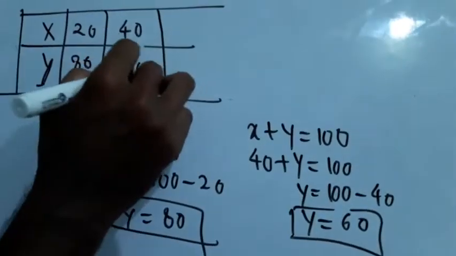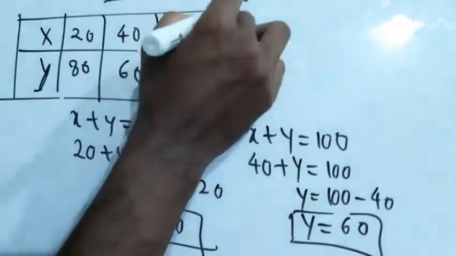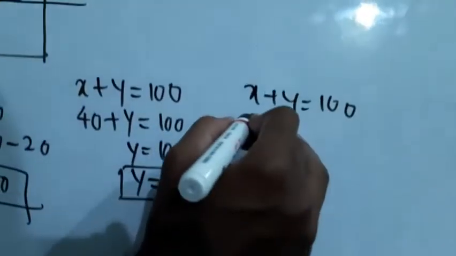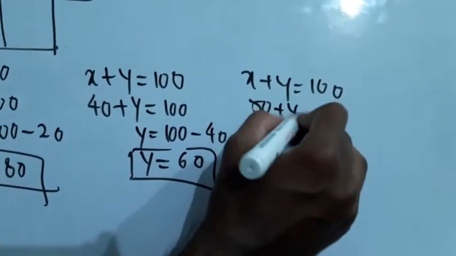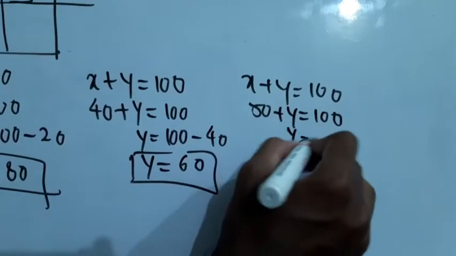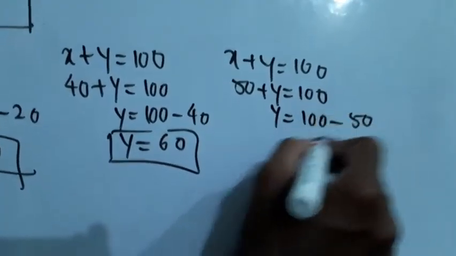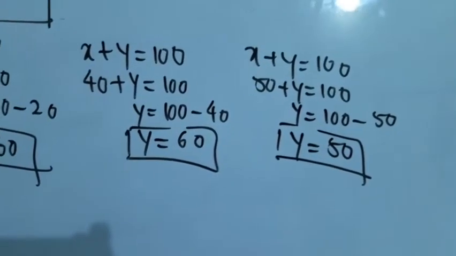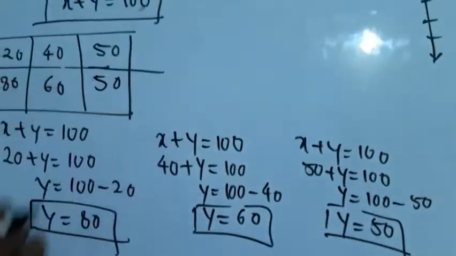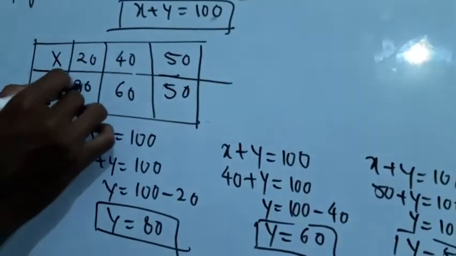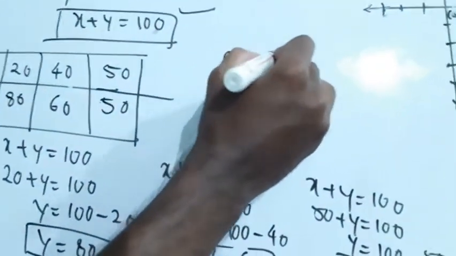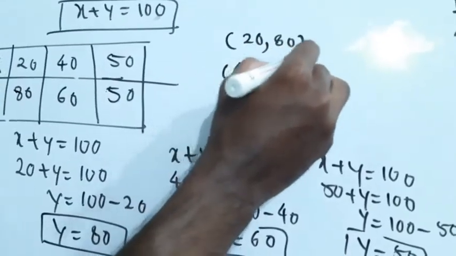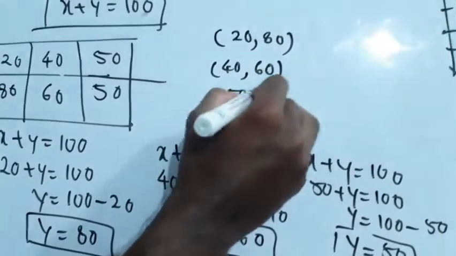When x is equal to 50, 50 plus y is equal to 100, y is equal to 100 minus 50, y will be equal to 50. The coordinates are 20, 80; 40, 60; 50, 50.